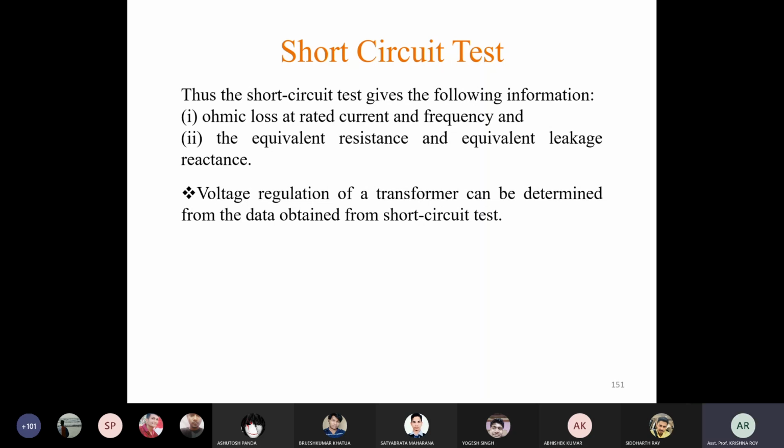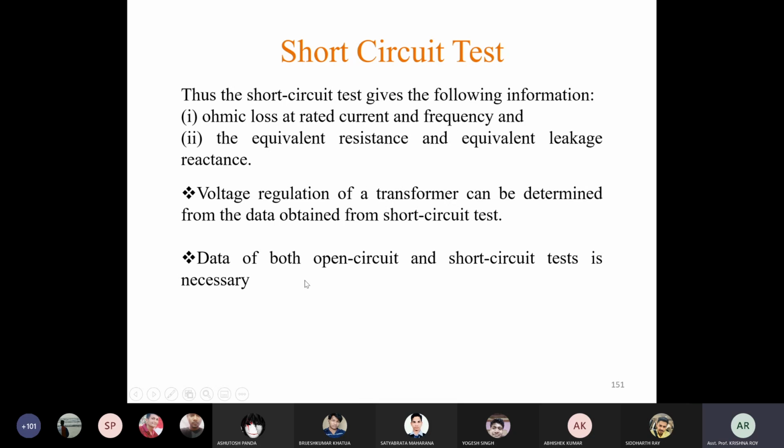E2 we will get from nameplate data, so we will be able to calculate the per unit resistance and reactance. And if the load power factor is given, we will be able to calculate the voltage regulation. Okay.